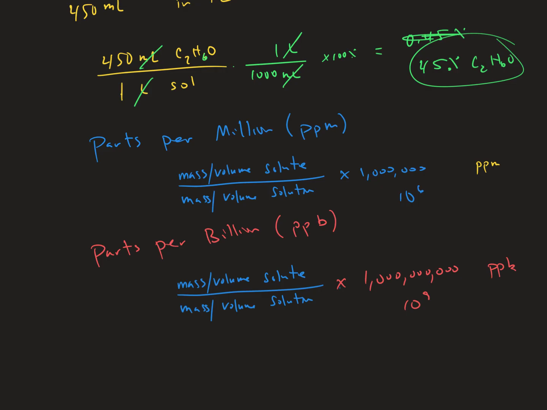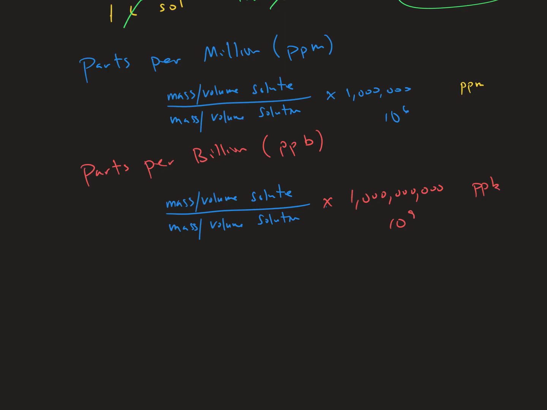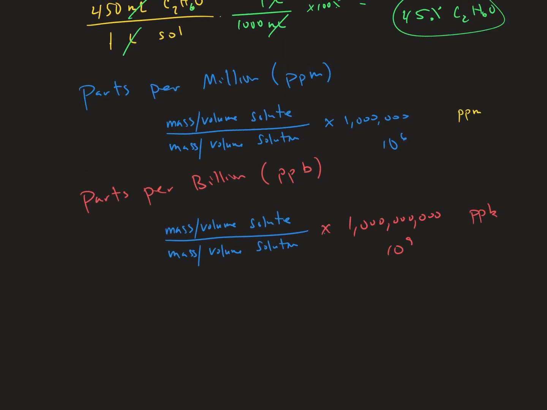Should we do an example? Yeah, let's do it. So it's still what we're interested in, divided by the total, but the units need to cancel out just like in percent. Okay, yeah, question? It's 10 to the 9, 10 to the 6.